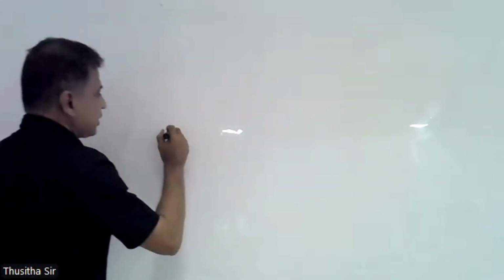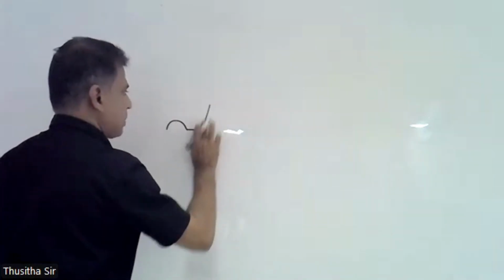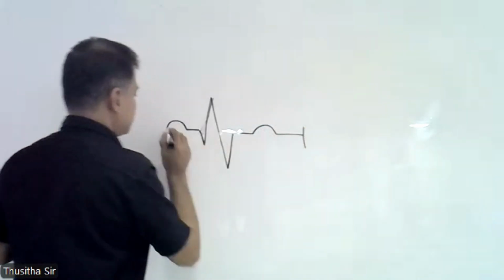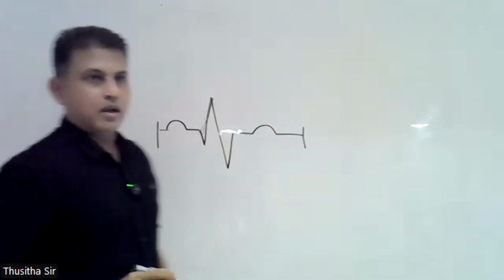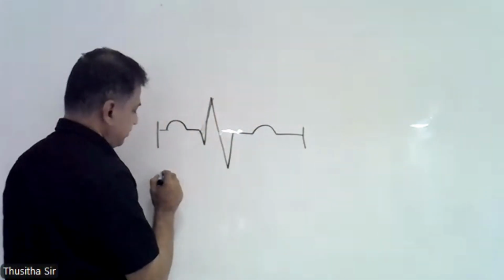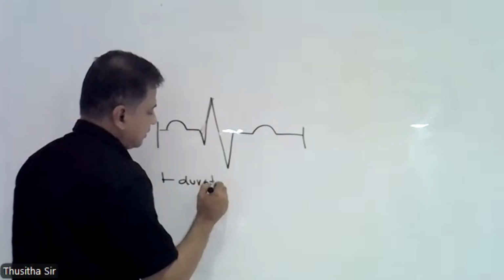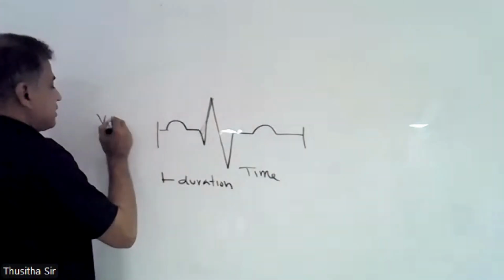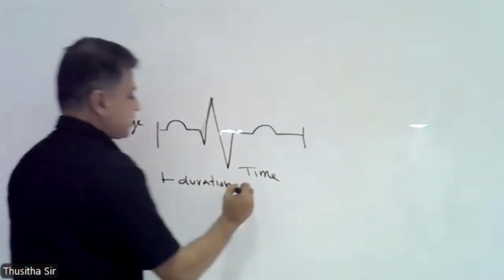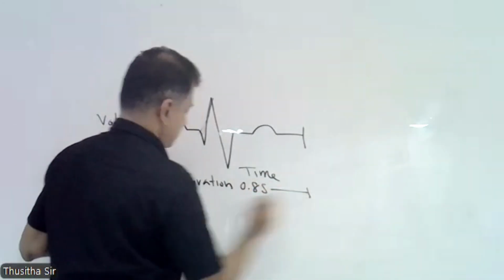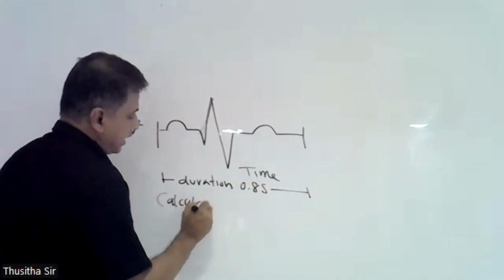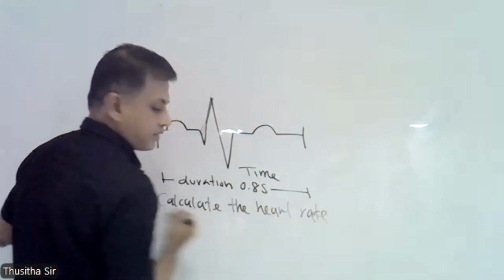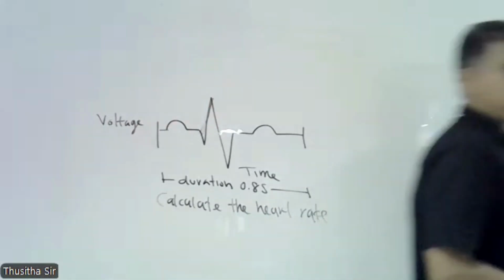For example, if we have one ECG trace like this, let's say the duration, as I told you, this axis is time, this side is voltage, and the duration is 0.8 second. Calculate the heart rate. Try.